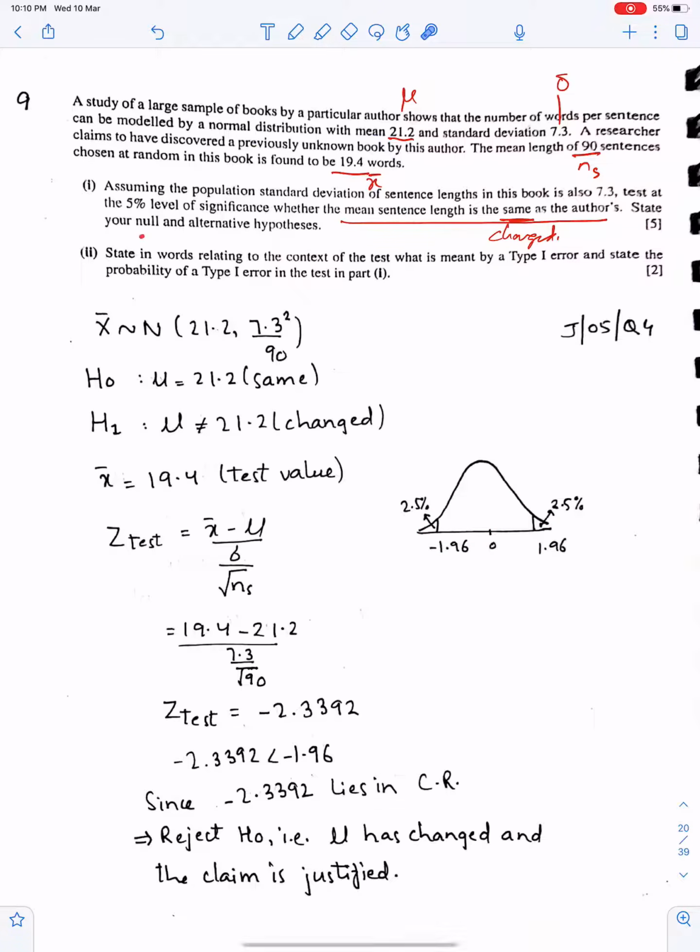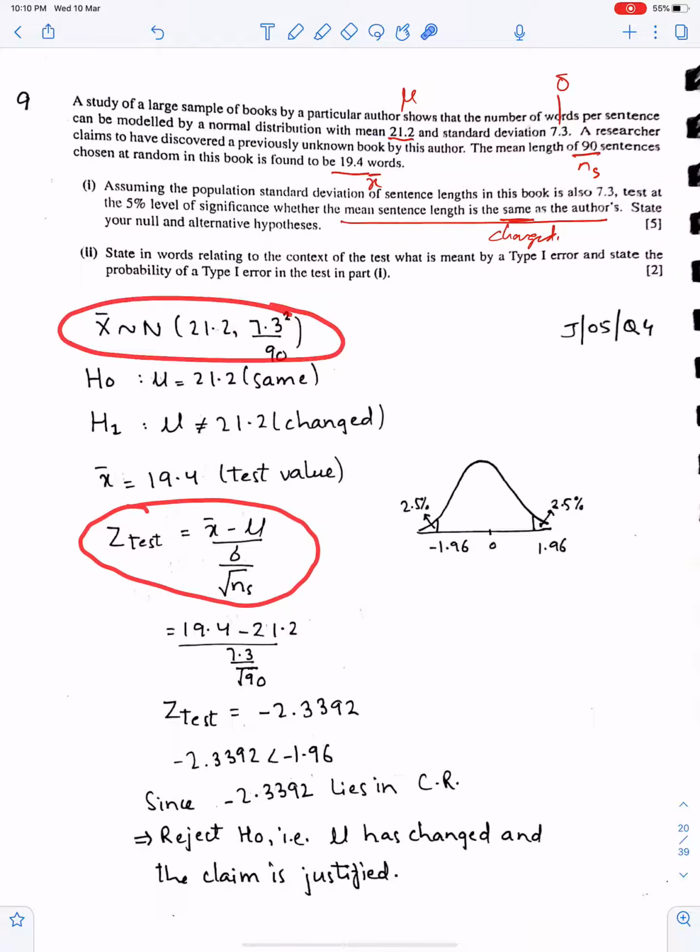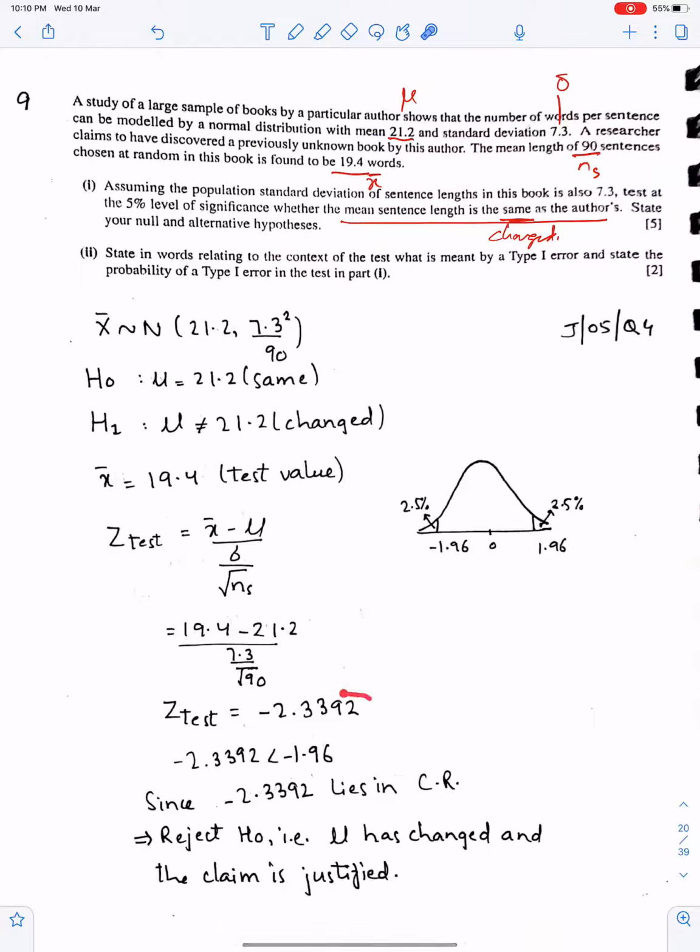State your null and alternative hypothesis and perform the test. So this is the null hypothesis, this is the alternative hypothesis, this is the test value. We just need to calculate Z test first. This is the formula of Z test with respect to this distribution. The value of Z test is minus 2.3392, and this value lies in critical region.